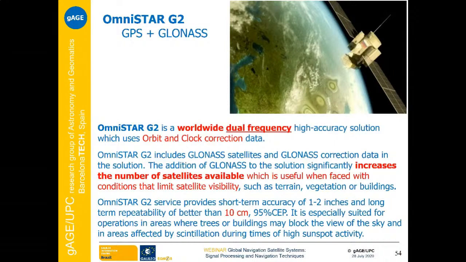Scintillation are rapid fluctuations of the signals that can produce frequent cycle slips, even loss of the signal. And then if we have more satellites to choose from, we can improve the navigation.